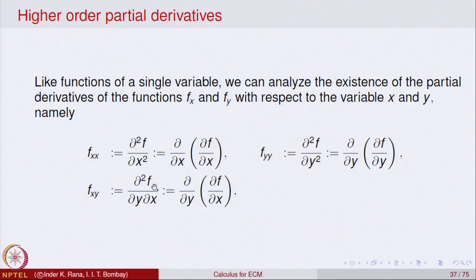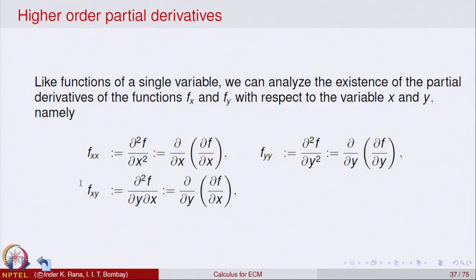You should read it as a second order partial derivative of the function f; the 2 indicates the order. What are the two orders? First with respect to x and then with respect to y. So you read from right to left, whereas if you write it as f x y, you read it from left to right: x first and then y.